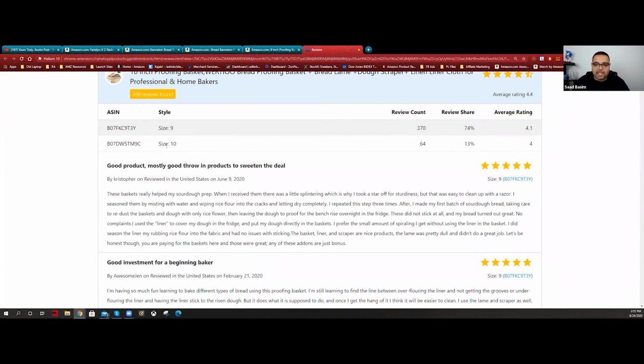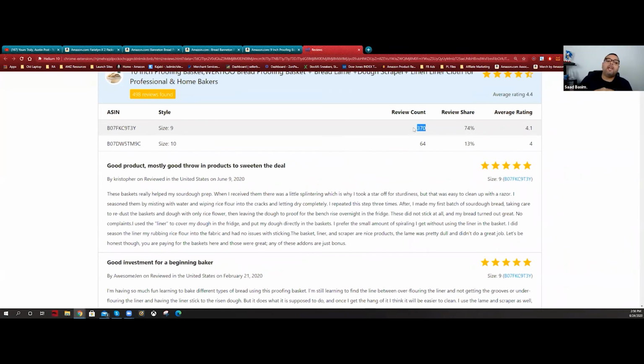If the 10 inch counts for 13% of all the reviews, that means this is the newer product. If something is 370 and higher, it's been there for a long time and counts for the majority of sales of the product. Since it has the most reviews, it has the majority of sales. If it has lower reviews, it has lower sales velocity.